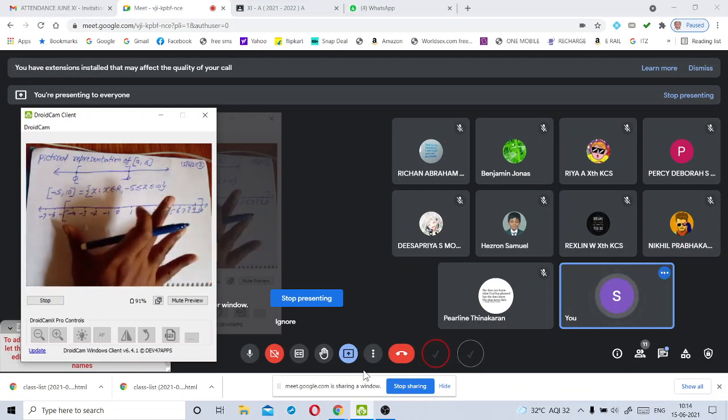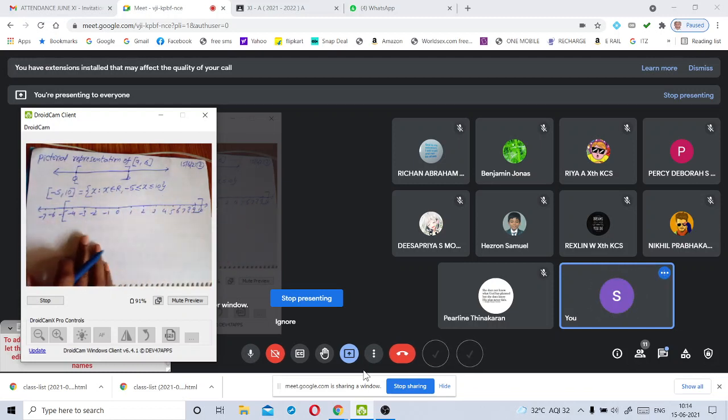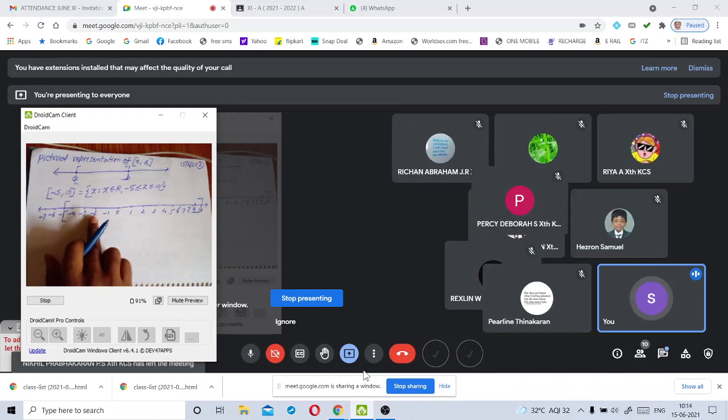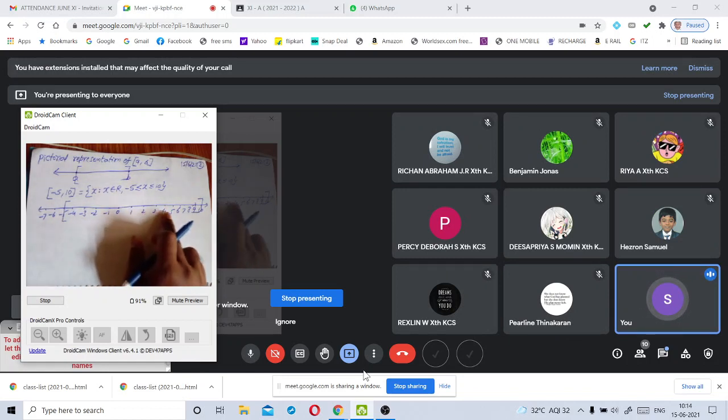That is why we are using the interval notation. This interval notation denotes the set of all real numbers. There are infinitely many real numbers. Not only minus 4, minus 3, minus 2, minus 1, 0, 1, 2, 3, 4, 5, 6, 7, 8, 9, and 10.